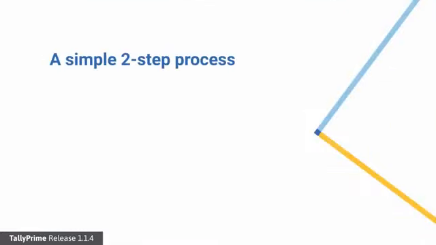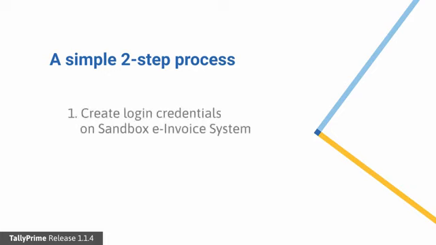Let us relook at the process of experiencing e-invoicing on the e-Invoice Sandbox system using TallyPrime. The first step is generating your Sandbox credentials on the e-Invoice API testing system.